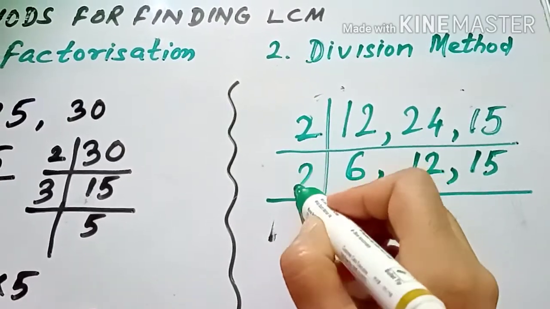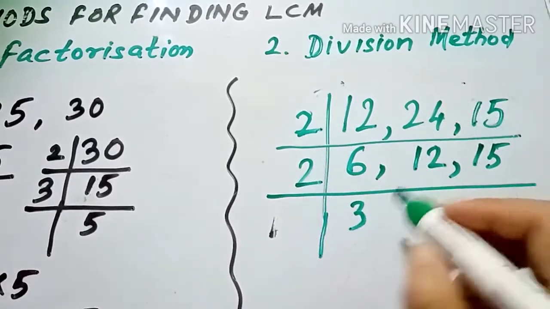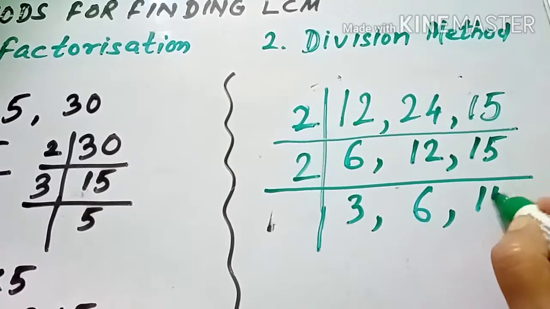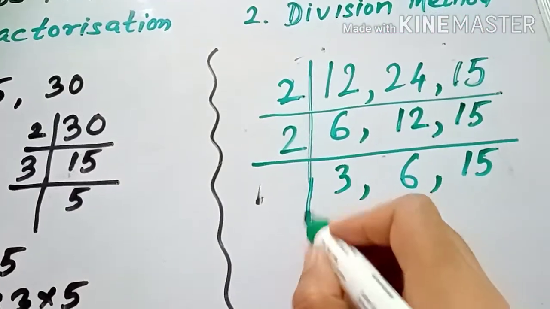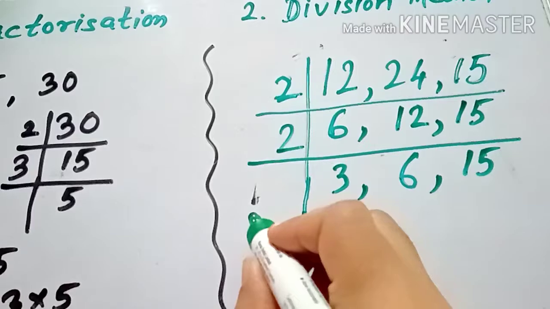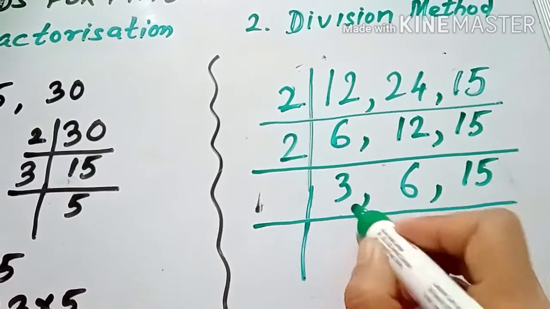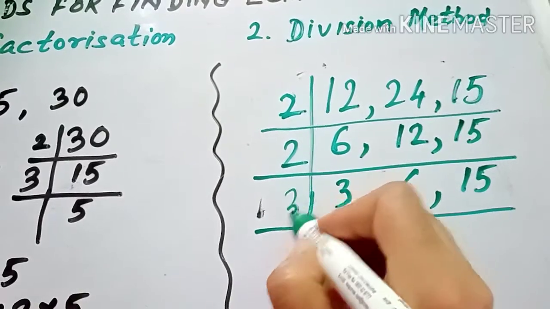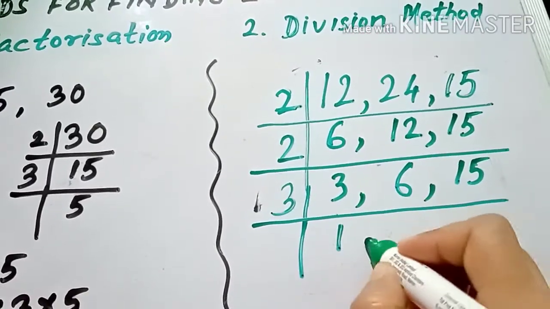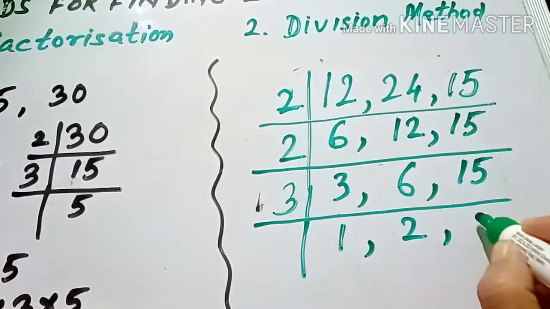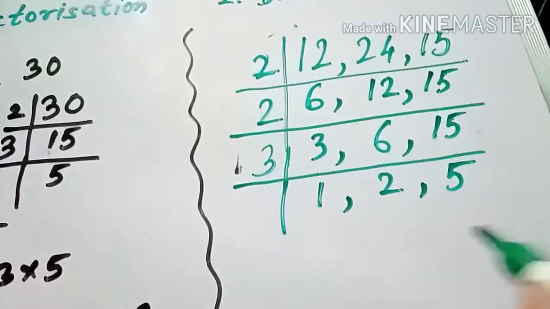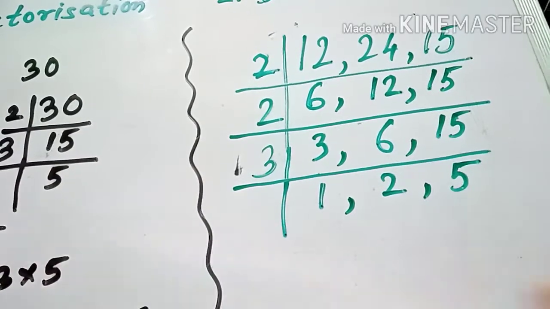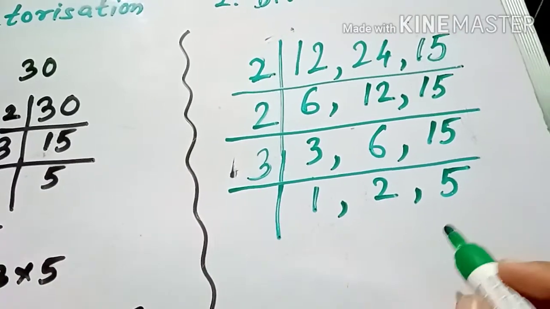So next again 2 can divide, 2 3s are 6, 2 6s are 12, then 2 cannot divide, so it will carry forward. Then the next factor which can divide at least 2 is 3. 3 can divide all 3 numbers, so we write here 3 1s are 3, 3 2s are 6, 3 5s are 15. Now you see here the remaining numbers. 2 itself is a prime number, 5 itself is a prime number, so we stop here.